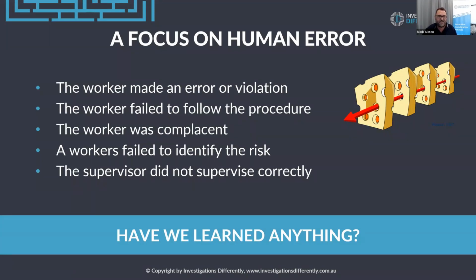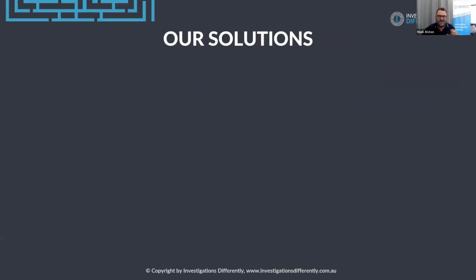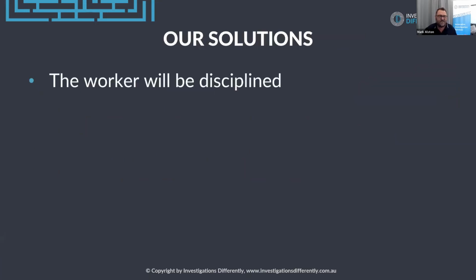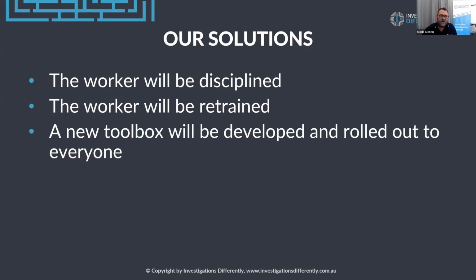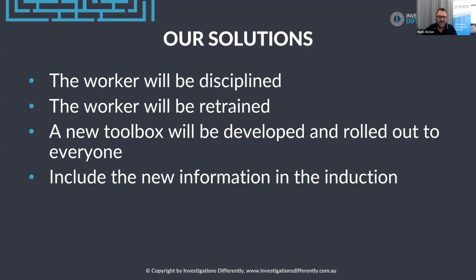Because typically, when we get these as our root causes from our investigations, or what we highlight as our issues, these are the solutions we put in place. We discipline the worker. They're written up, right? They're retrained. We'll get a new toolbox and we'll roll it out to everyone. We'll put the new information in the induction. We'll change a line in a procedure.